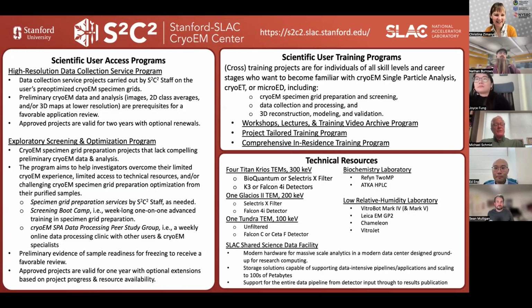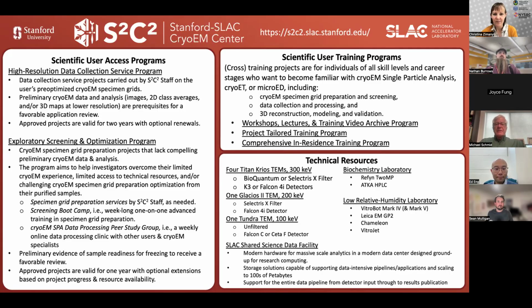I'm Mike Schmidt. I'm one of the co-directors of S2C2. We have 4 high-end Krios microscopes plus Glacios and a Tundra and all the specimen preparation equipment that's involved for service and for training and screening.